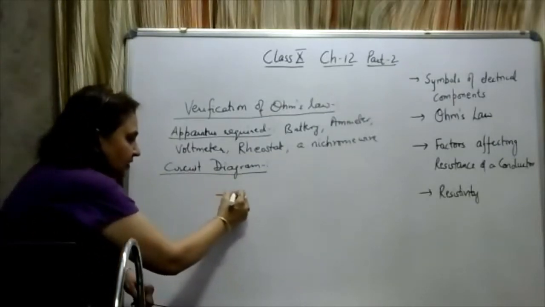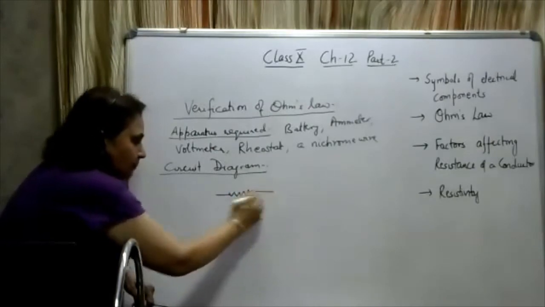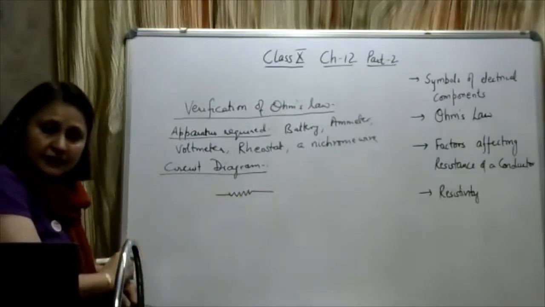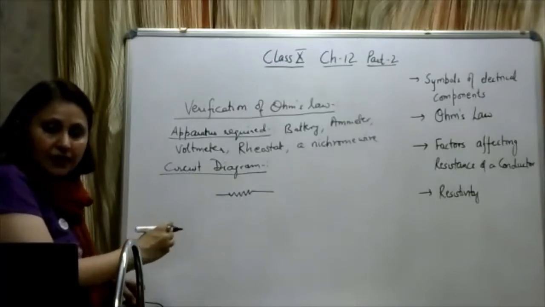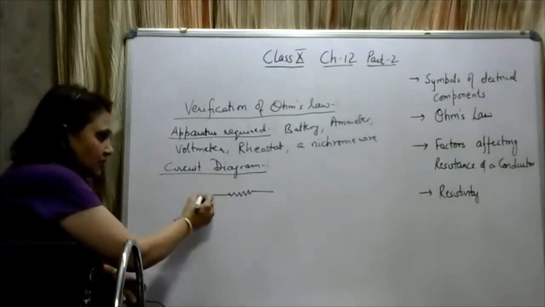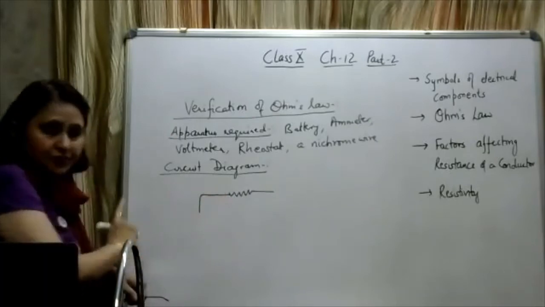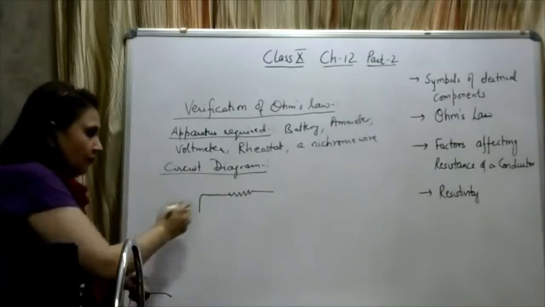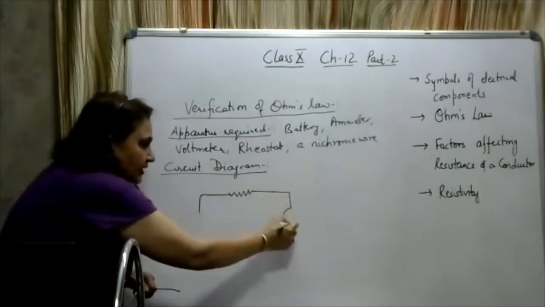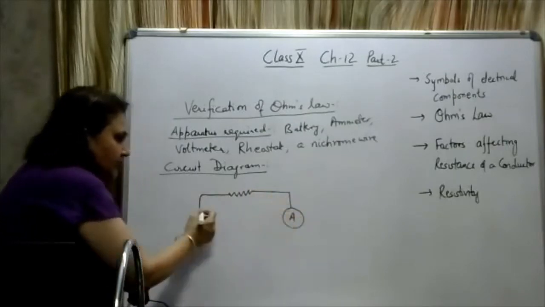Here, this is a nichrome wire. Nichrome is an alloy which is made up of nickel, chromium, iron, etc. So this is the nichrome wire across which we have to measure the current and the potential difference. We know that in order to measure the current, we connect an ammeter.